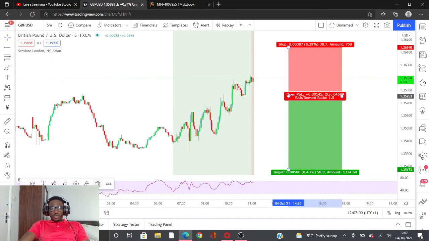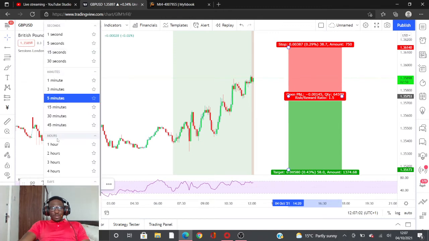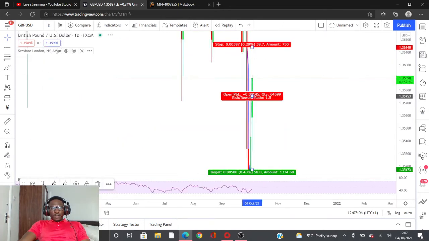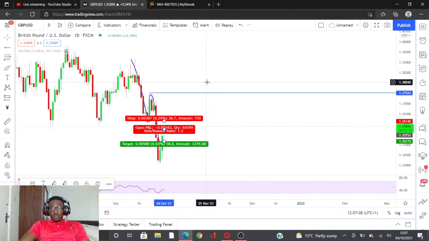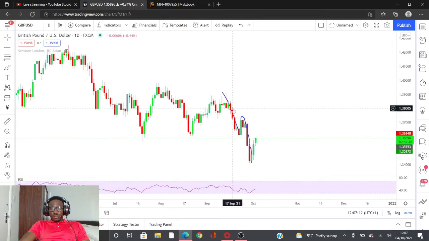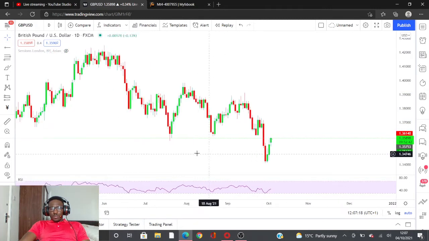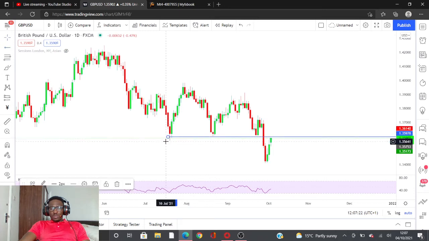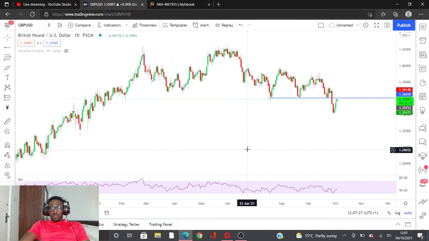Okay, let's look at the daily chart then. Let's have a look at the daily chart. Yeah, but don't forget that on the daily chart you have the market coming into structure level.